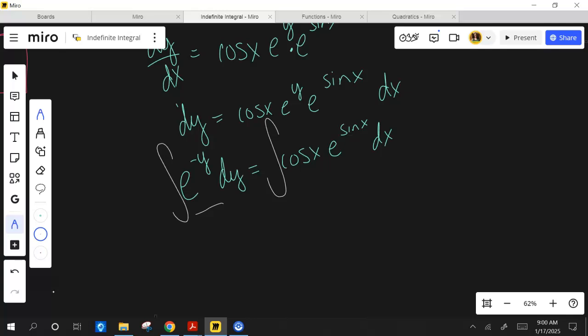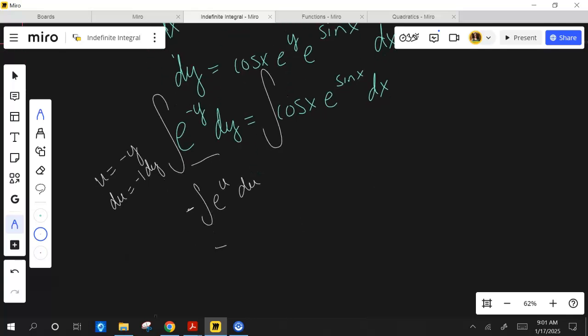But with the chain. So that's where your u sub's coming in. If you did u is negative y, then du would be negative 1 dy. So you'd have the negative, the integral of e to the u du, which would be negative e, and your u is negative y.